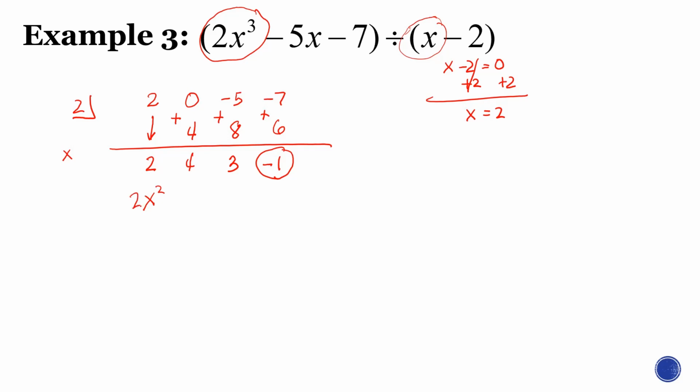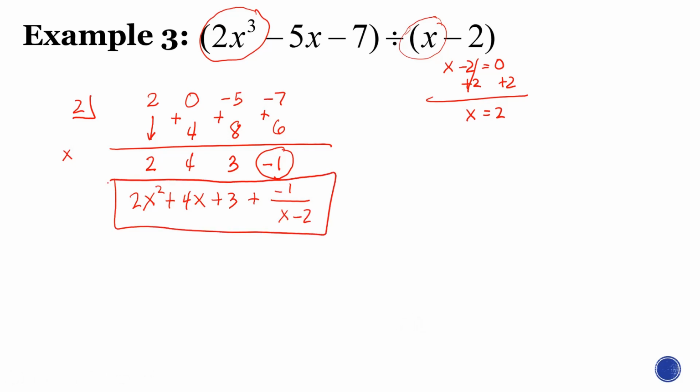So 2x squared plus 4x plus 3 plus negative 1 over x minus 2. So this is our answer, or we can write that as 2x squared plus 4x plus 3 minus 1 over x minus 2.